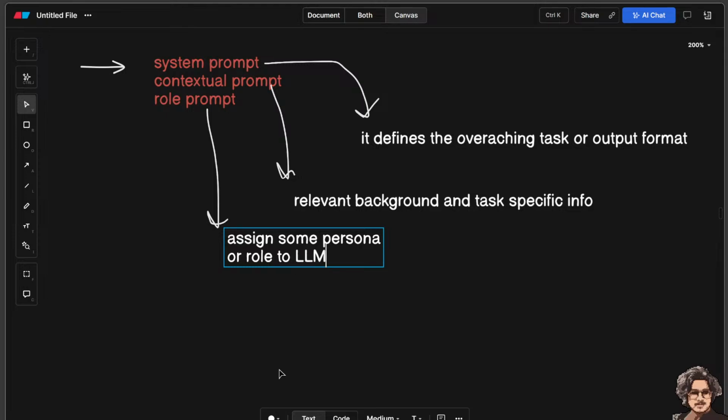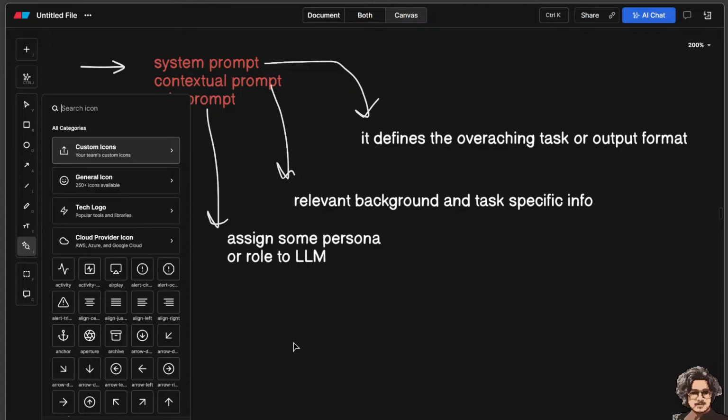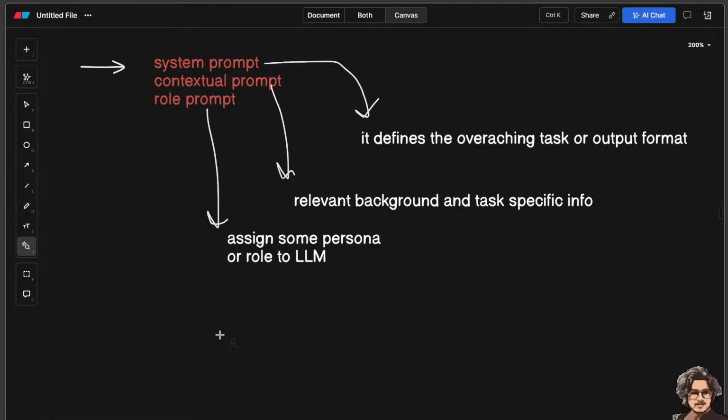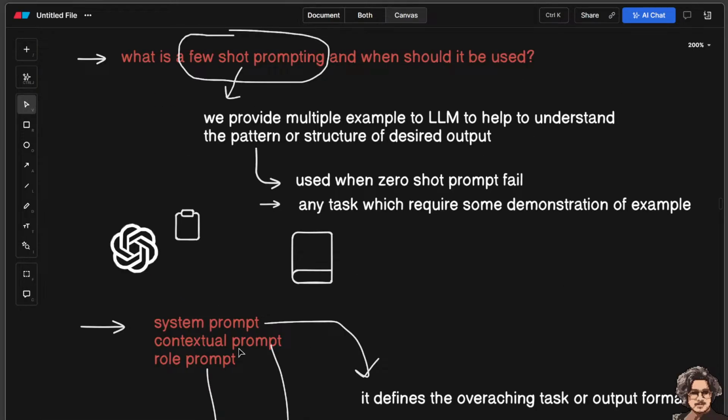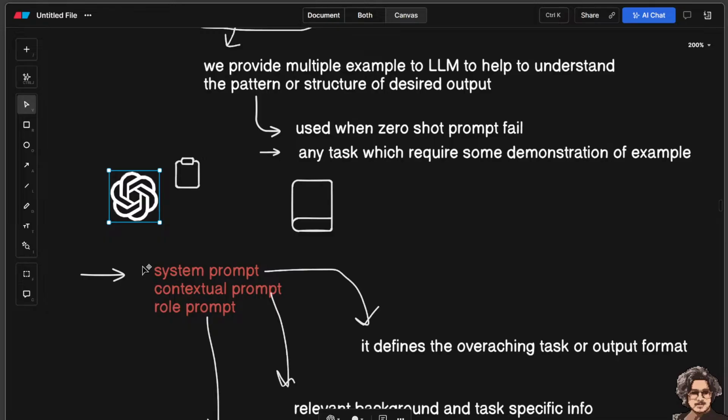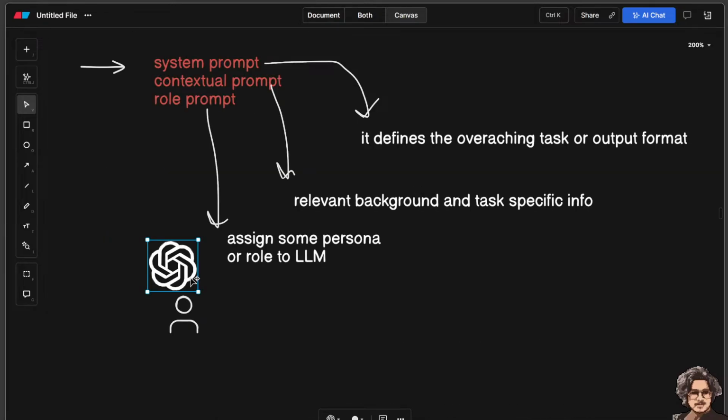If we have the user saying to the AI, please act as a teacher, or act as a travel planner, then this becomes role prompting.